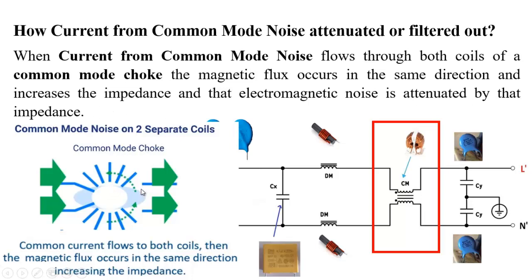In a common mode choke, common current flows through the coil, then magnetic flux occurs in the same direction, increases the impedance, and common mode noise current or common mode signal is attenuated or filtered out.